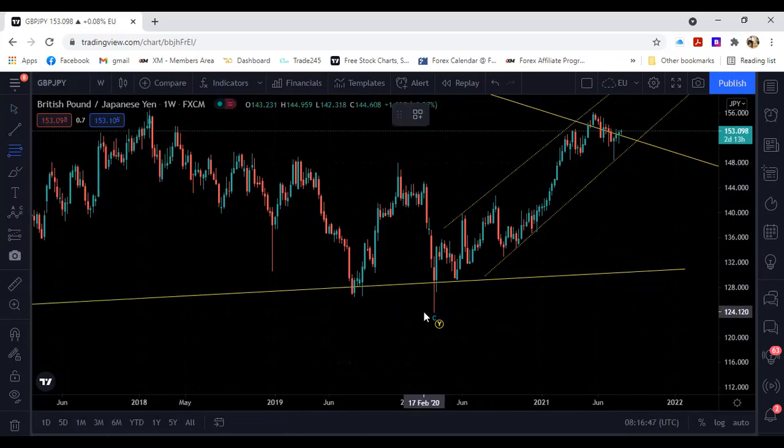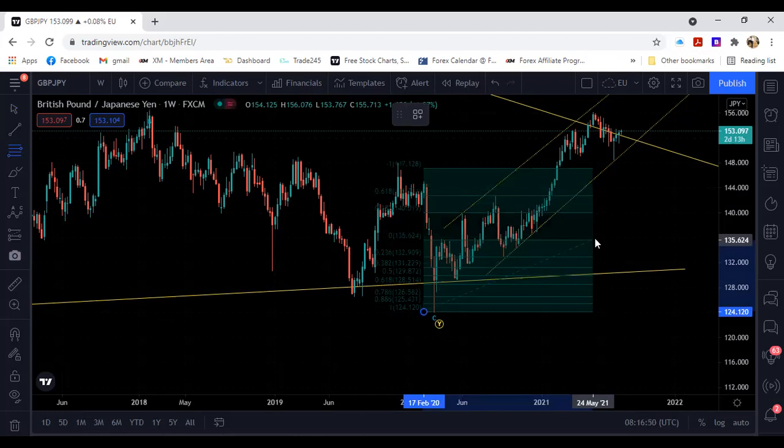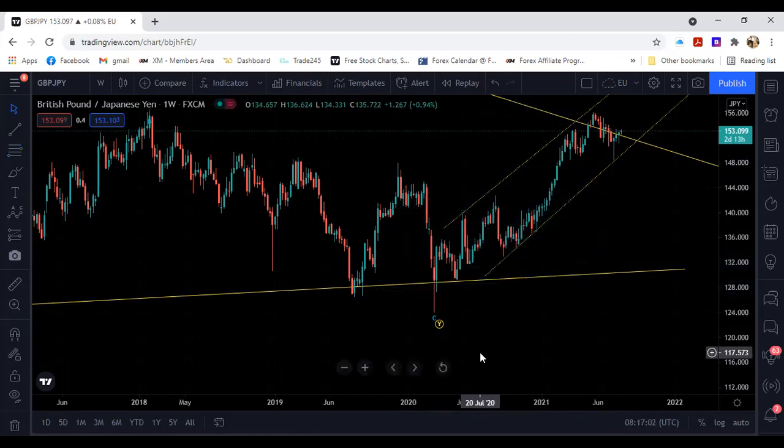We are saying from this point to that point, that was the first correction, right? So you can see the market came in the zone of 61.8%, which is confirming that it's a potential wave 2, right?